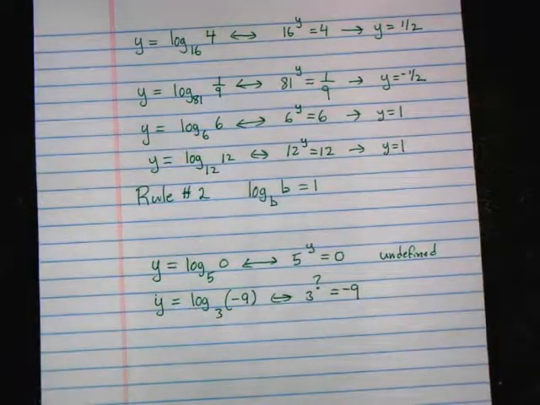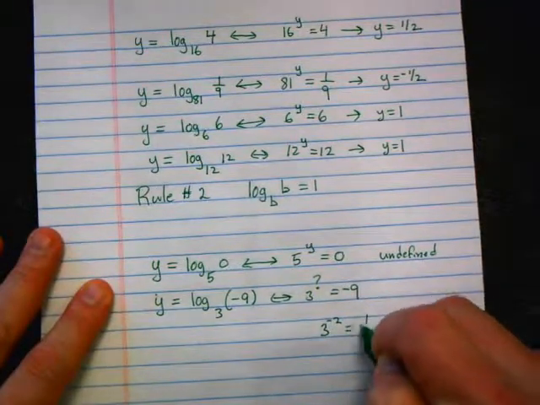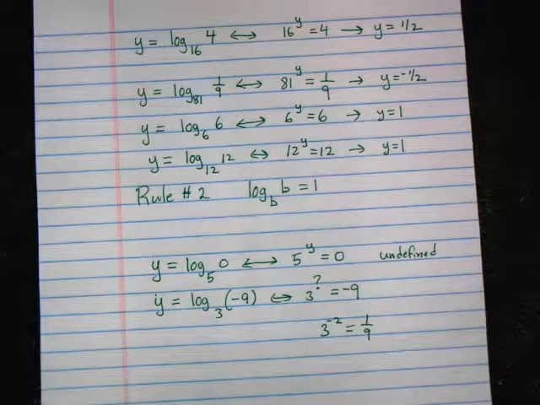No, it's not negative 2. With negative 2, I would have 3 squared, which would be 9, but what does the negative do? Pushes it to the bottom, doesn't it? So 3 to the negative 2 would give you 1/9. The negative pushes things to the bottom. It does not give you negative answers.